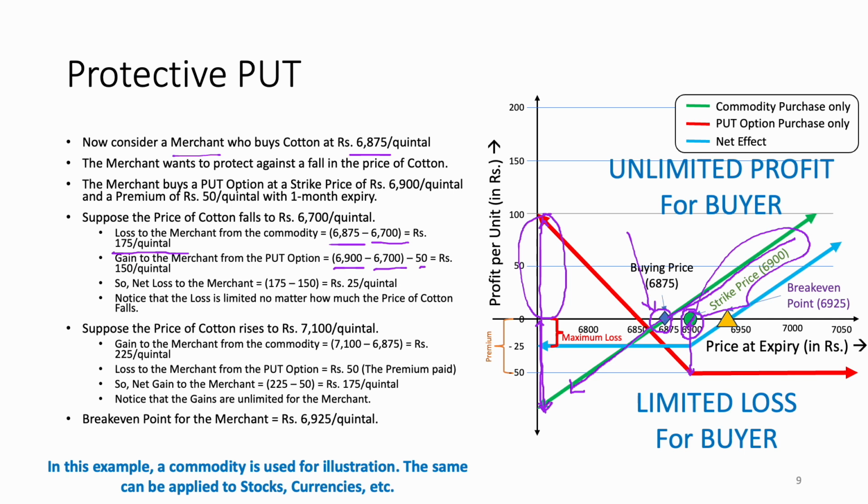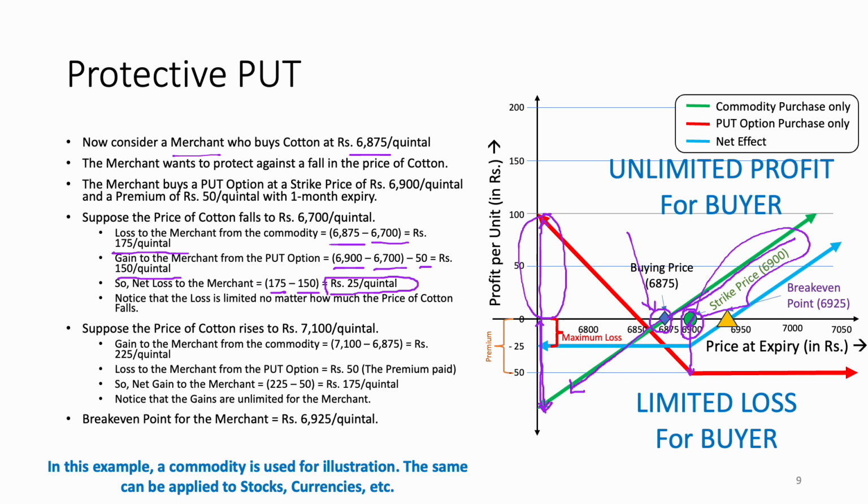He paid a premium of 50 rupees. So he gets a total profit of 150 rupees on the put option. Now he nets his position, that is, he takes the loss of 175 and the gain of 150 and sees that he has a net loss of 25 rupees per quintal.